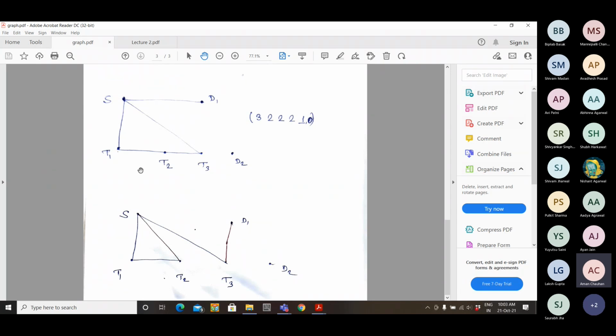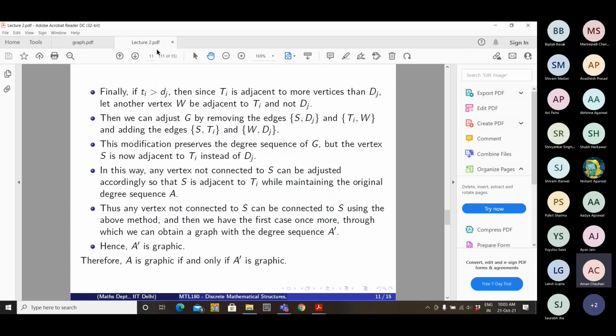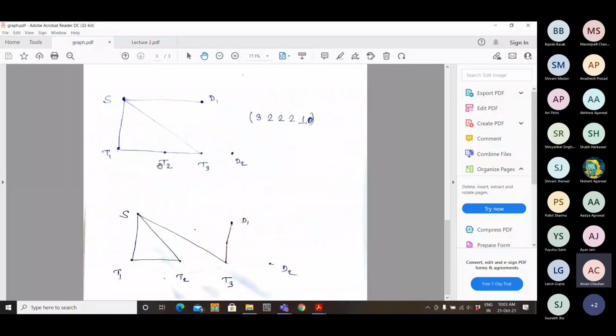Now, the case is that Ti is greater than Dj, meaning the degree of the vertex which is not adjacent to S is strictly greater than the degree of the vertex which is adjacent to S. So here this T2 is not adjacent to S, but the degree of the vertex T2 is 2, and S is adjacent to D1, but the degree of D1 is 1.